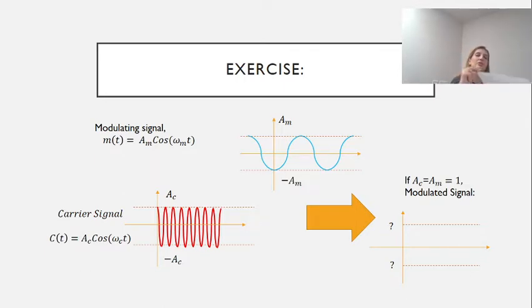So we can do it this way. You can draw axes and then dash lines for your maximum and minimum amplitude. Please do it while I'm drawing it.